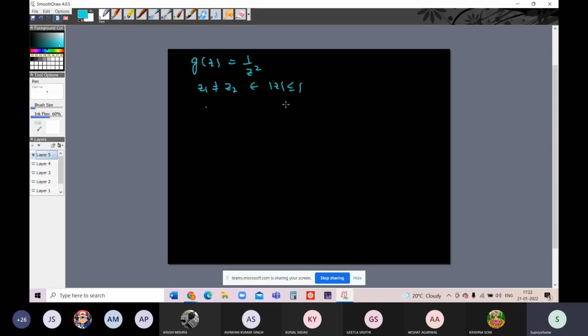So again, for a given epsilon greater than 0, we have to find a delta greater than 0, and this delta is depending only on this epsilon. Okay, so we have to take g(z1) minus g(z2), which is equal to 1 upon z1 square minus 1 upon z2 square.